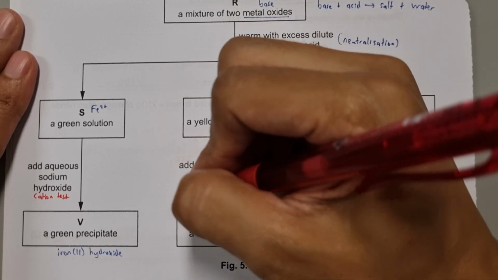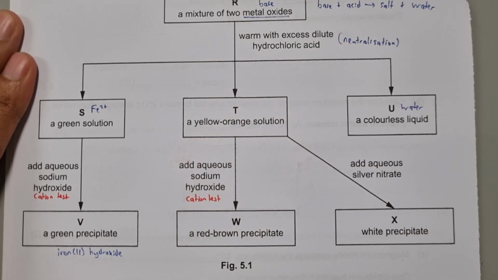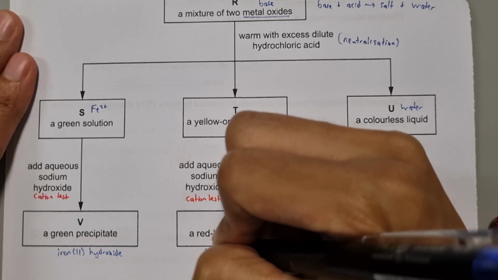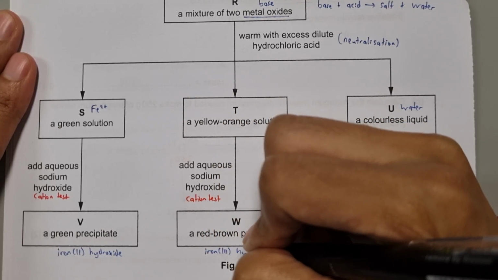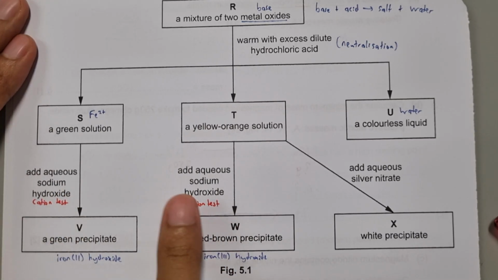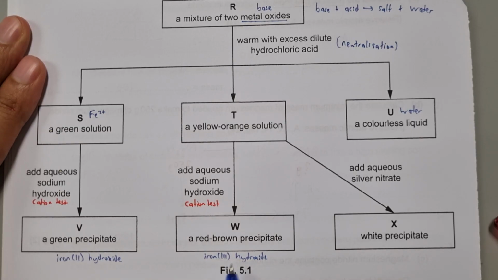Okay, for T, this is also a cation test. I get a red brown precipitate, so this is iron 3 hydroxide. Please remember, for your cation test, regardless if it's sodium hydroxide or aqueous ammonia, the precipitate for cation test is the hydroxide.